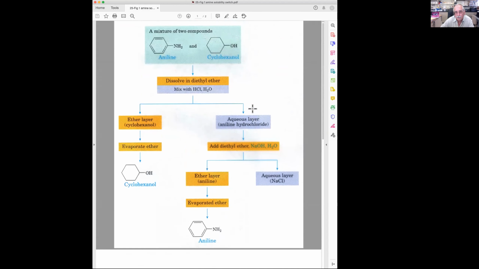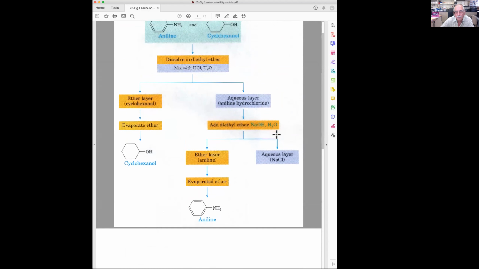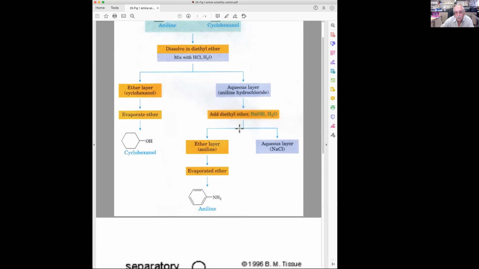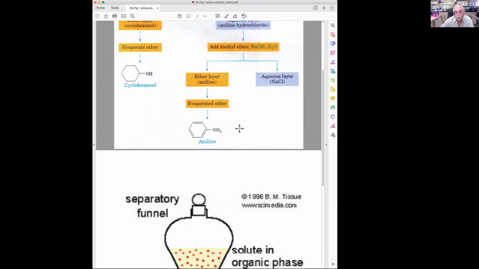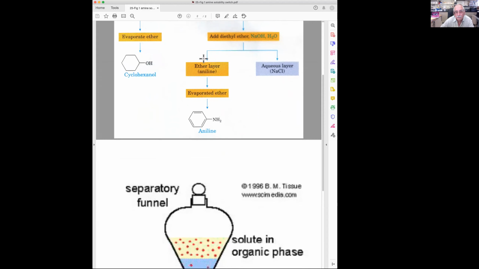So I'm turning this ammonium back into the amine, into aniline. Then I put in the ether layer and I shake it up and separate it out again. And what I'm going to find is that in the ether layer now is my aniline. And what I have in the aqueous layer is the result of neutralizing the acid that we had put in there. And you can just evaporate the ether. And now you've separated your aniline from your cyclohexanol.